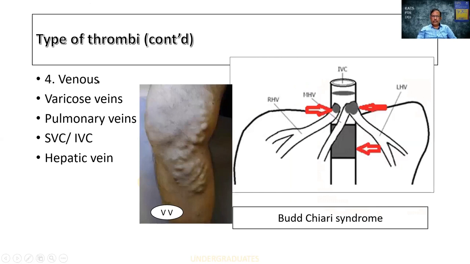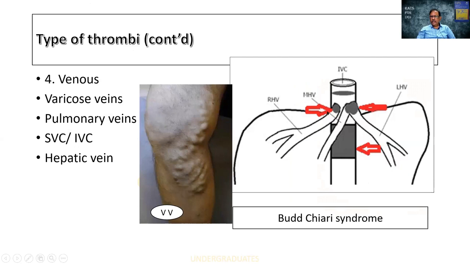And the types of thrombi, this I had not mentioned earlier. The fourth one is the venous. So it can be arterial, it can be capillary, it can be heart, or it can be venous. And when I say venous, the varicose veins, worm-like veins. Pulmonary veins, superior vena cava, inferior vena cava. The hepatic vein is another one. And that is what I am seeing over here.